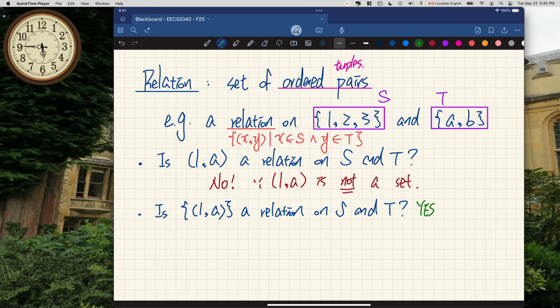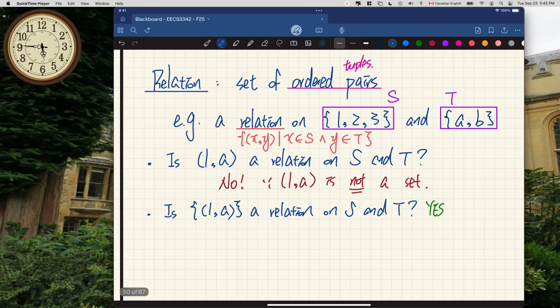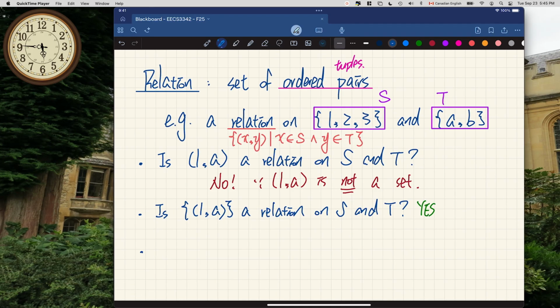All right, another simple one here. Is B2 a relation on S and T? What's wrong with this? It's a set, a pair. The order, right? Remember we said it's an ordered pair.